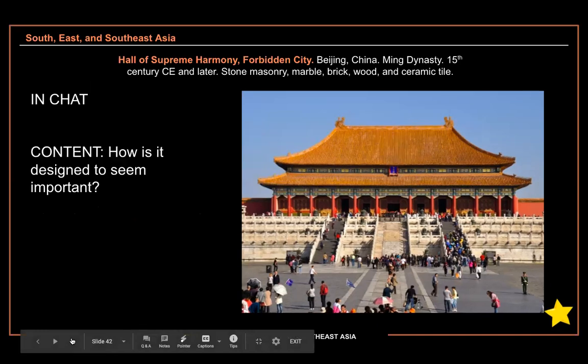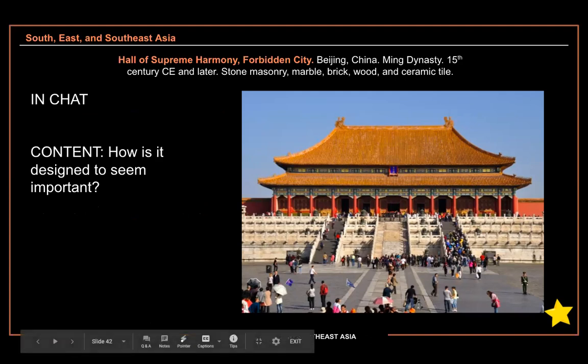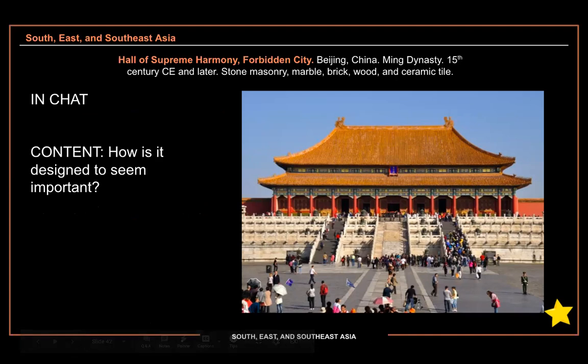So what about this tells us, just physically by looking at this, not knowing that there's a throne inside, what physically tells us that this is important? How does this communicate power? What do you think? There are stairs leading up to it, so you have to travel up. Yep, you have to travel up, and it's on that colossal podium, it's elevated.